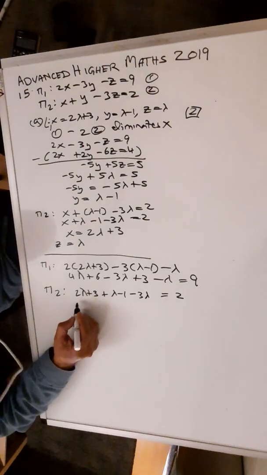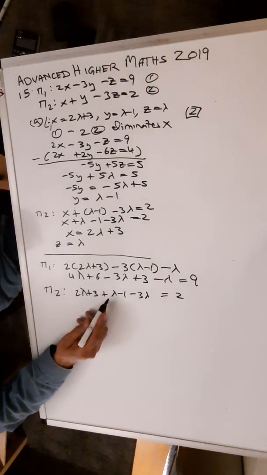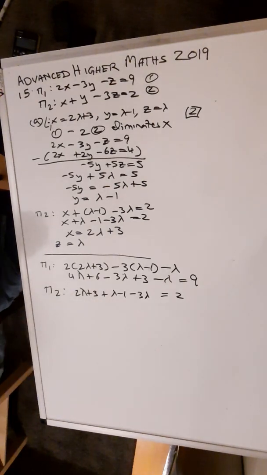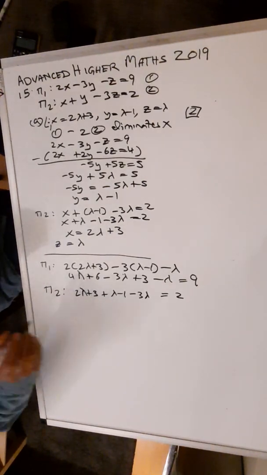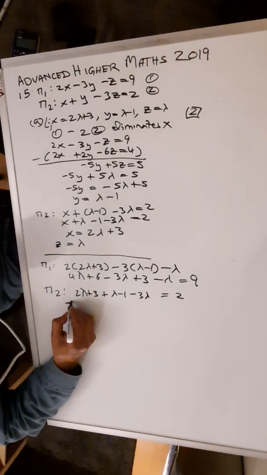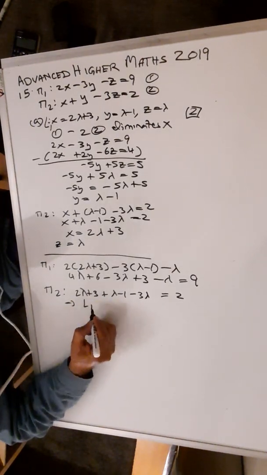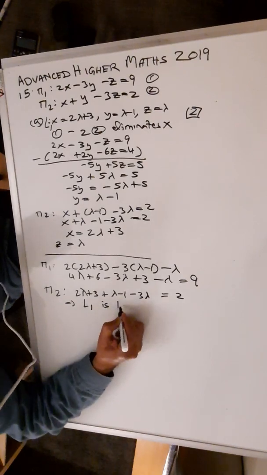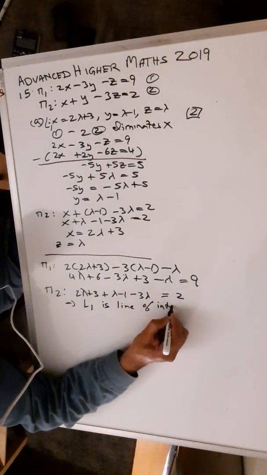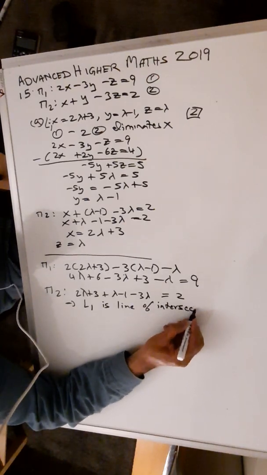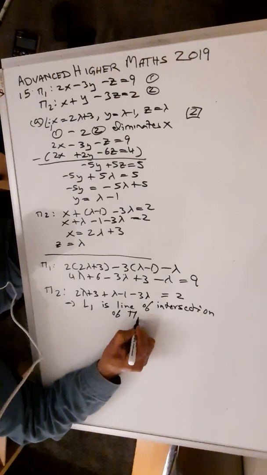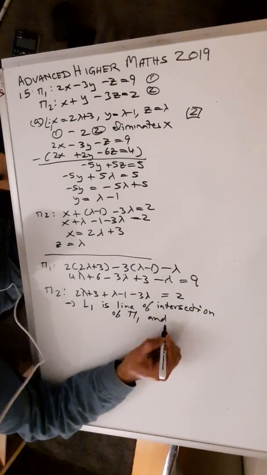So that means that these line equations satisfy plane 2. So that would have been okay. You could have done it that way. That proves that L1 is the line of intersection of pi 1 and pi 2.